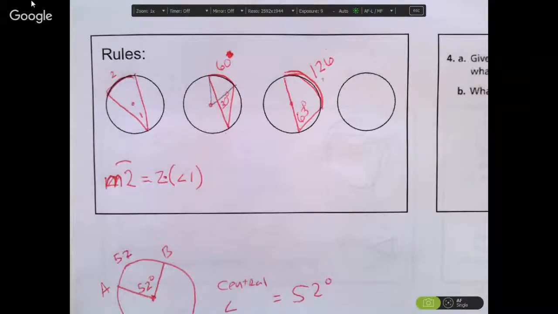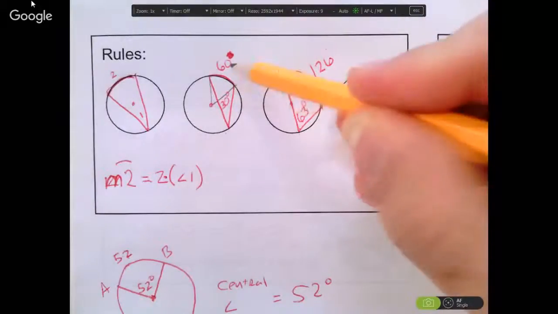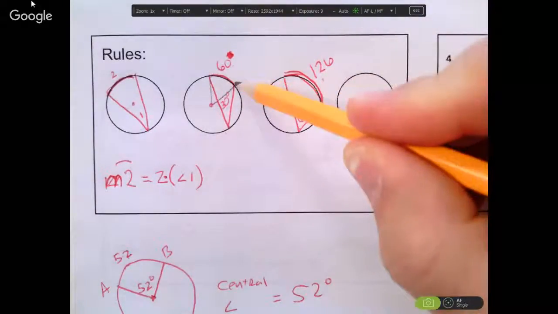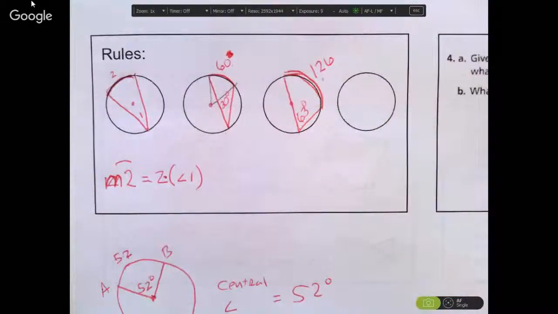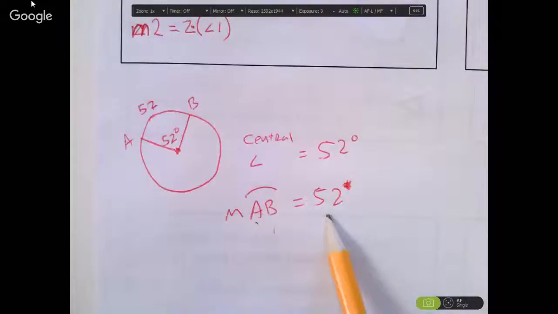The thing we don't like about it is it's confusing. Is this talking about the angle or is it talking about how long that arc is? So the notation is slightly different. If they tell you the measure of the arc, they're talking about degrees.